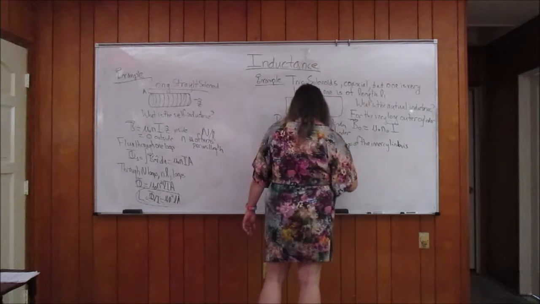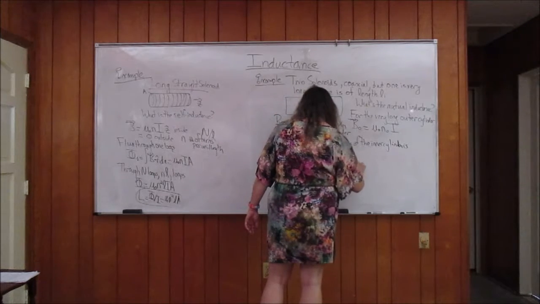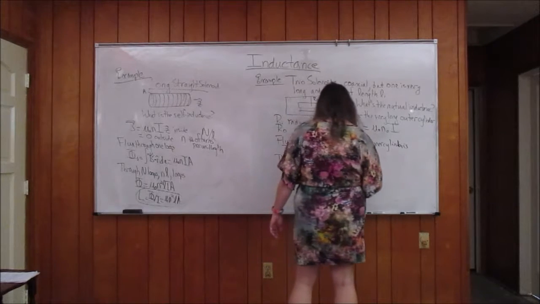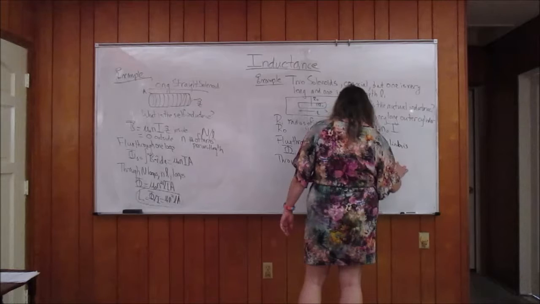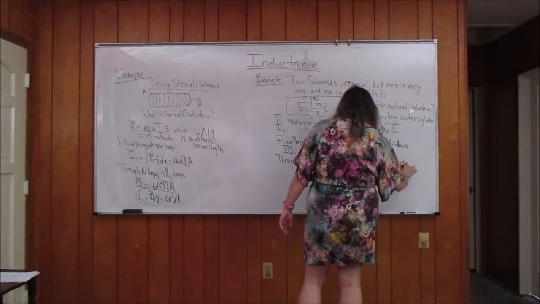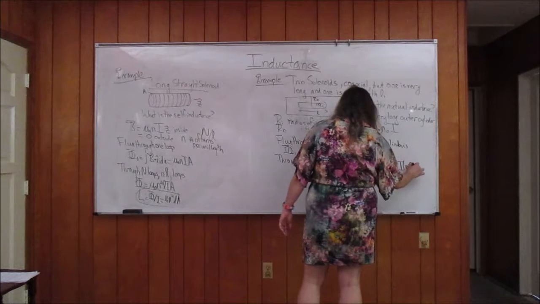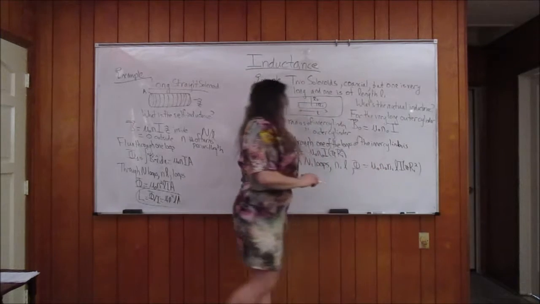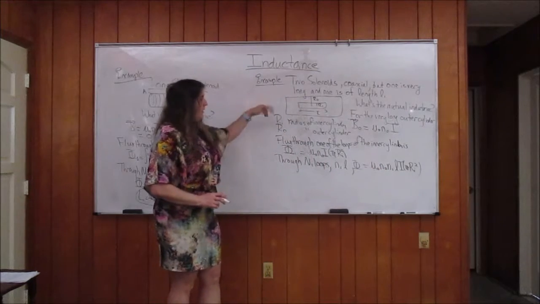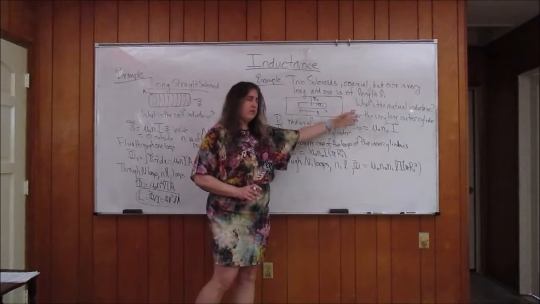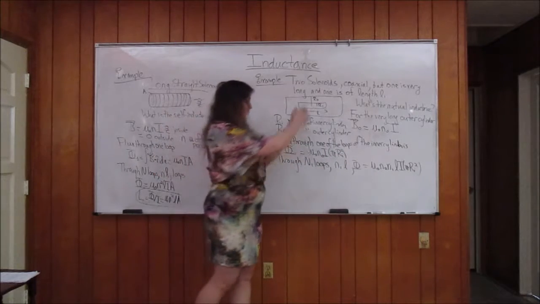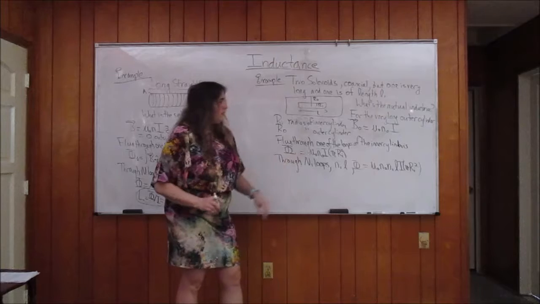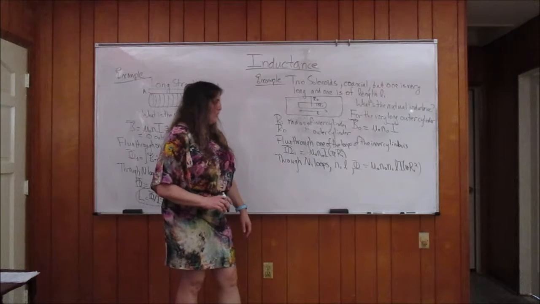It's going to be equal to mu naught times the number of turns per unit length of the outside cylinder, n_o, times the number of turns per unit length of the inside cylinder, n_i, times the length of the inside cylinder l_i, times I times pi R_i squared.